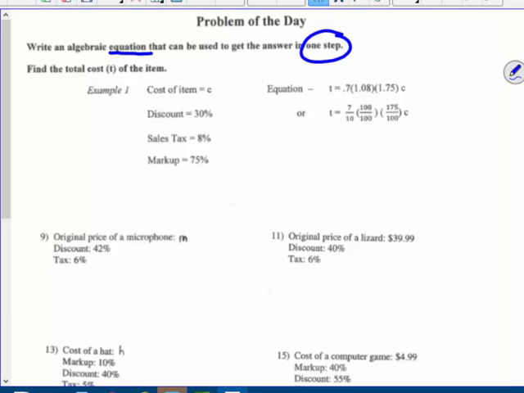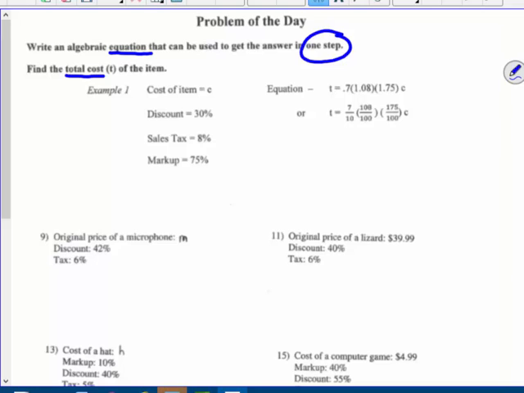So you can see in this example that to get to the total cost, it's not asking me what is the discount, what is the sales tax, and what is the markup. Just what are you going to pay at the very end? That's all I want to know. So yes, you're starting with that 100%.